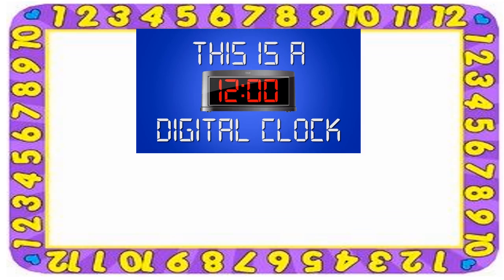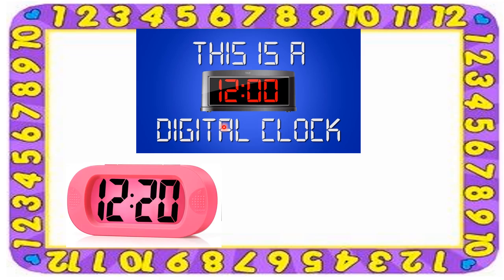Here we have some more examples. This is a digital clock, and what is the time here? Yes, class, here we have 12 hours and 0 minutes. So the time is 12 o'clock. Now look at this pink digital clock.